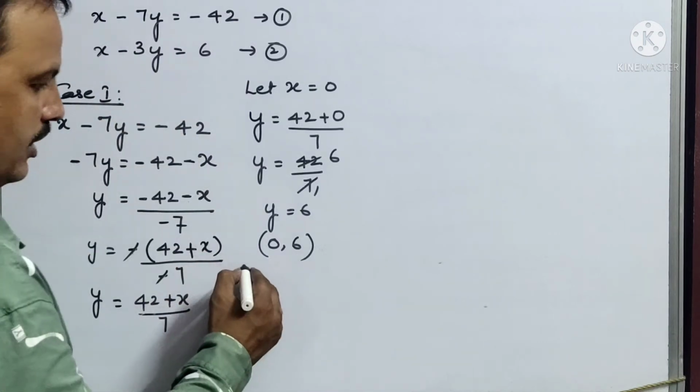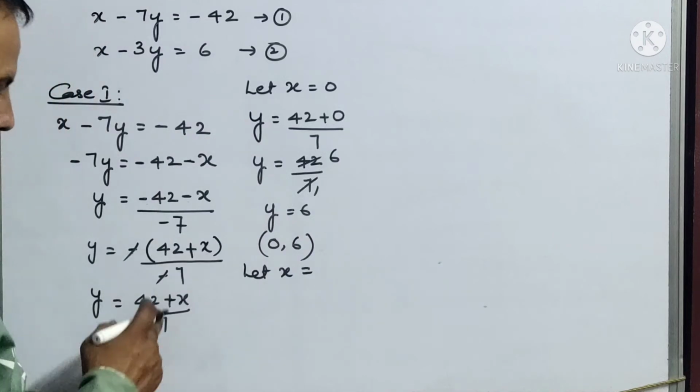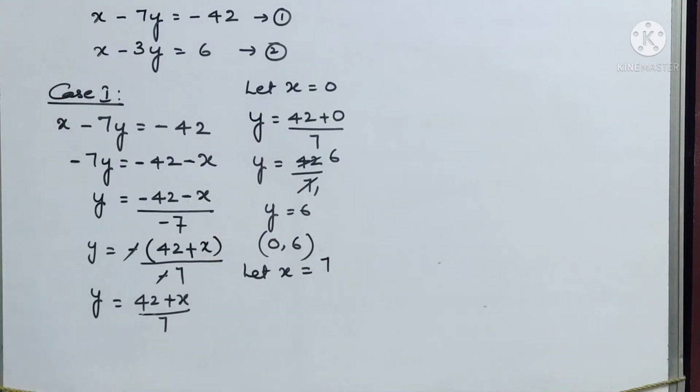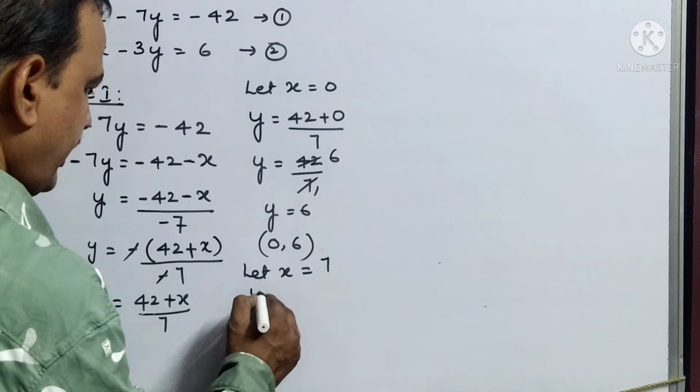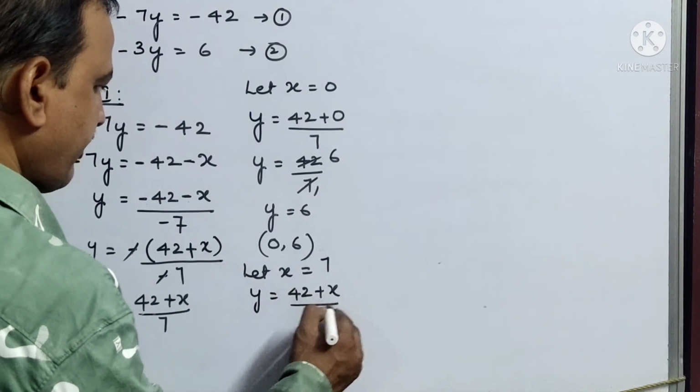Now let x is equals to, can I take 7? If I take 7, then what will be happen? I'll get 49. Okay, see here. Why? Because y equals to 42 plus x by 7.